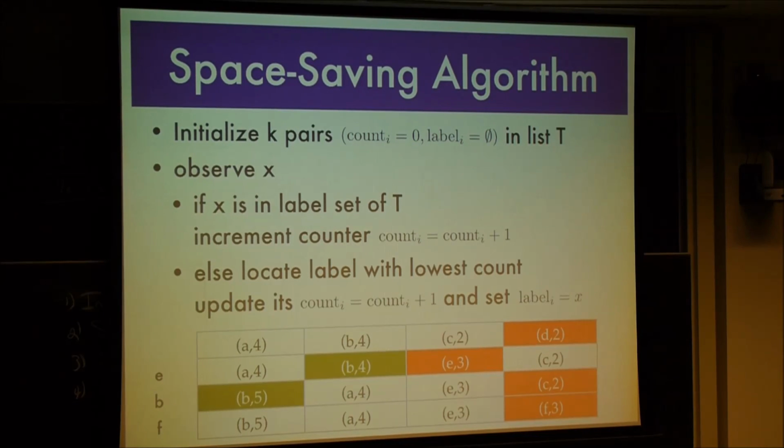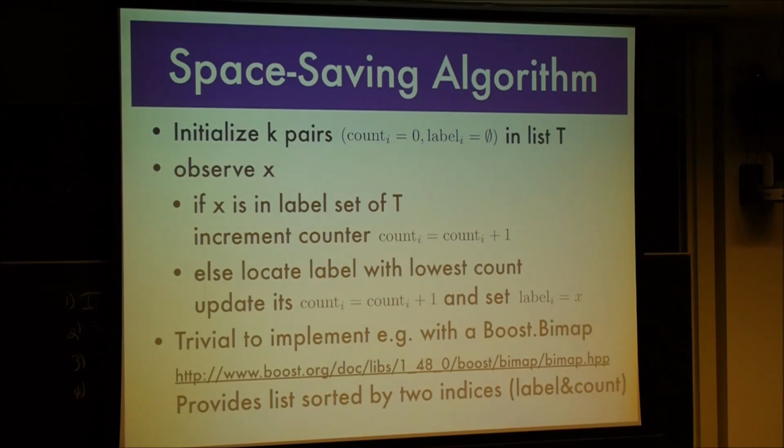It's useful because if an element is evicted and comes back, you don't want its counter to be less than what you had before. Okay, so this is basically what we have, right? If x is in the label set, increment the counter, else locate the label with the lowest count and increment.